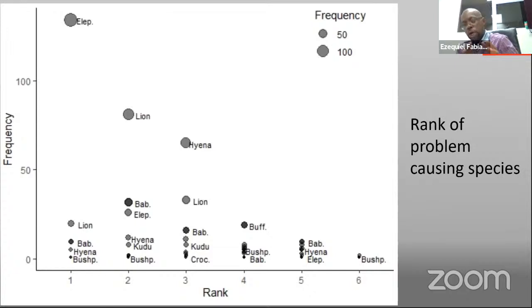So overall, this reiterates what I already mentioned earlier, that elephants, lions, and hyenas seem to be the most problematic species in this conservancy.